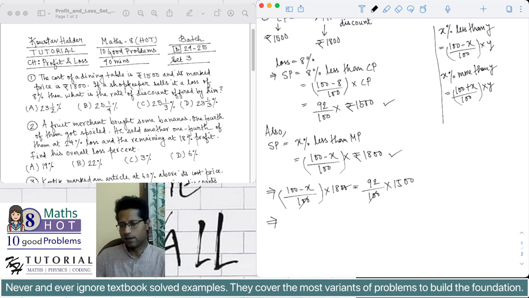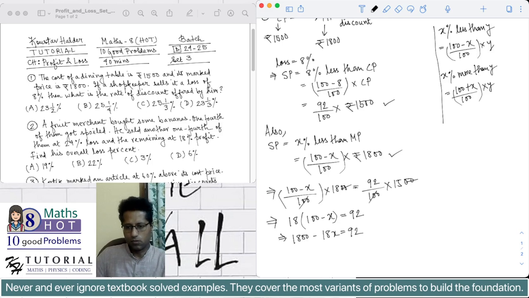That is, I can again divide both sides by 100 and these two zeros will cancel out. So eventually I get 18 multiplied by 100 minus x is equal to 92. This implies 1800 minus 18x is equal to 92.